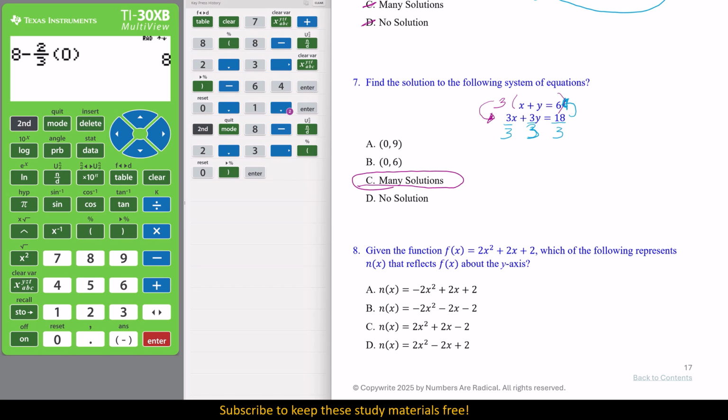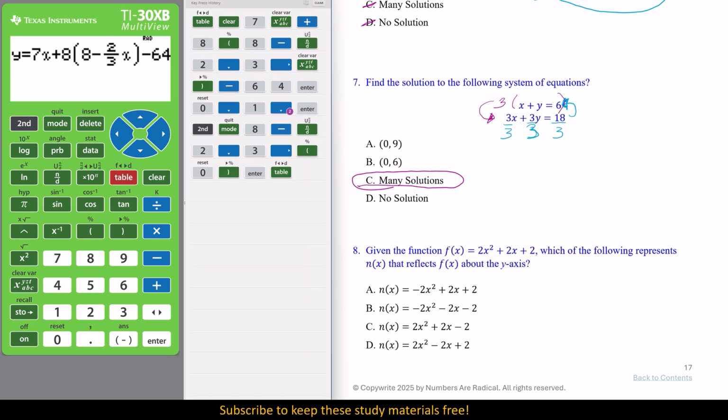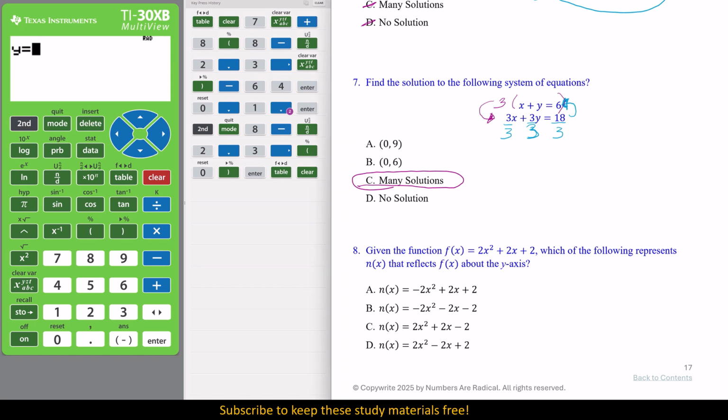So how do we check that? Not a problem. Go to your table, clear everything out. I'm going to get rid of some of this here. We need to prove it. So let's take the first one and the second one, and put them in y-intercept form. So I have 6 minus x.